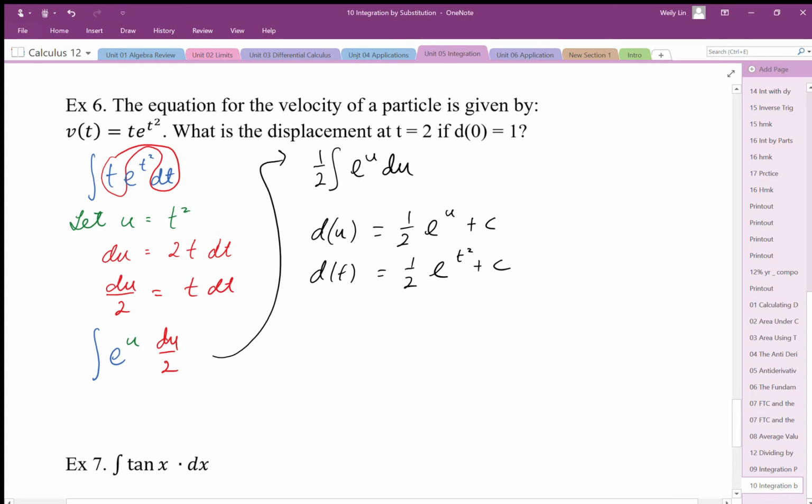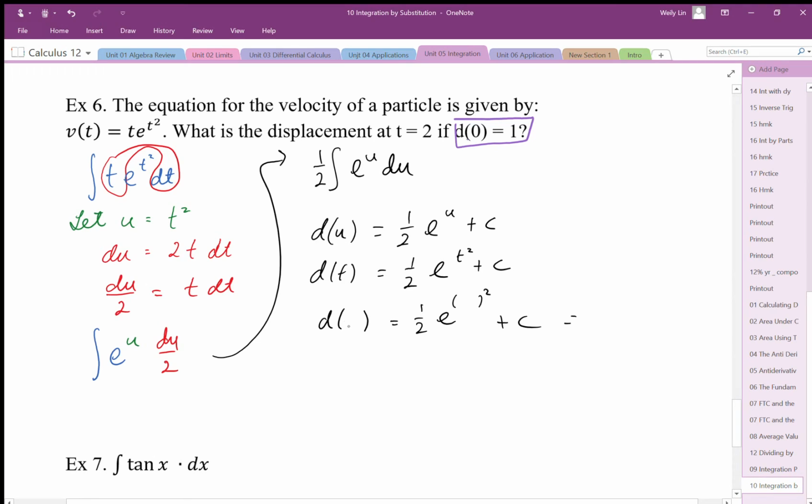Then I need to know the displacement at t equals 2. To do that, I need to solve for c first. To do that, I'm going to look at the initial condition here, and I'm going to plug that into my equation. The only thing that's left to solve for is c. So my displacement when time is 0 is going to be 1/2 e to the 0 squared plus c, and that's going to be equal to my y value.